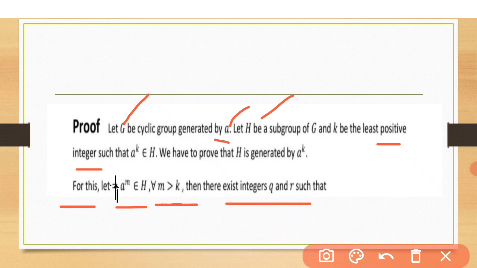We introduce q and r for the division algorithm. When we compare two numbers, one greater and one smaller, we may compare them by the division algorithm. So here we check whether k divides m or not, whether a remainder r comes or not.